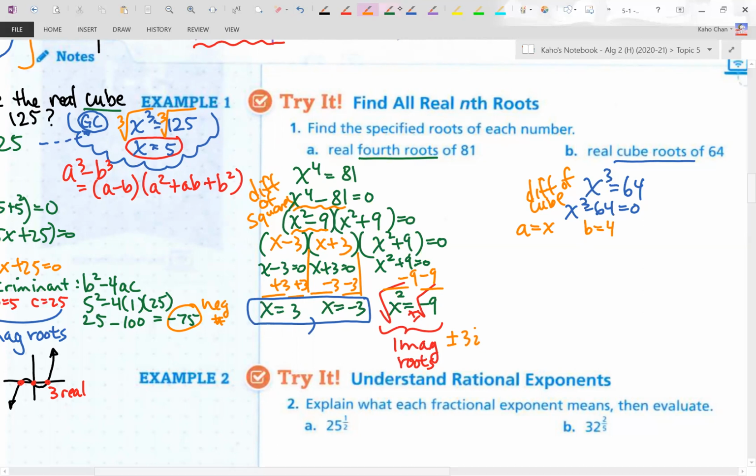So let's use that formula: a minus b times a squared plus ab plus b squared. Let me put those numbers in. So we have our x and our 4. And clean that up.